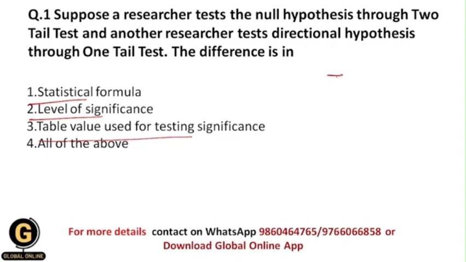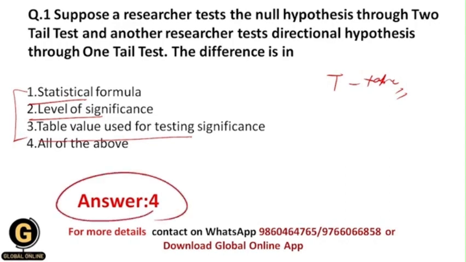There is a table called the T distribution table, and that table is for both two-tailed test and one-tailed test, and the values are different for the two-tailed test and one-tailed test in the table, and we need to use those values for testing the significance level, all of you getting. And that's why the difference is in all of these aspects, and those are statistical formula, level of significance, and table value used for testing significance. That's why your correct answer should be 4.